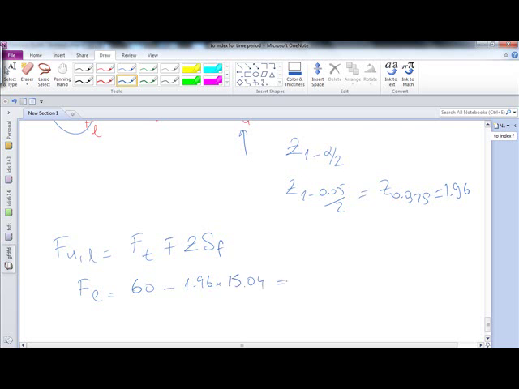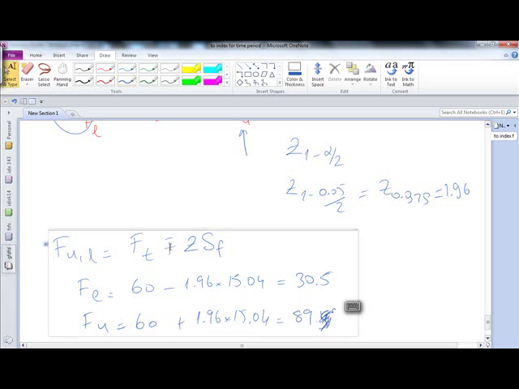So that turns out to be 30.5, right? And F upper bound is 60 plus 1.96 times 15.04, and that becomes 89 point basically 4 or 5. Let's round it as well.